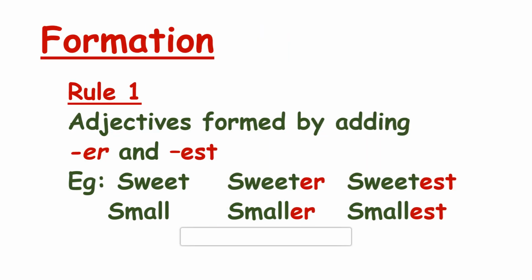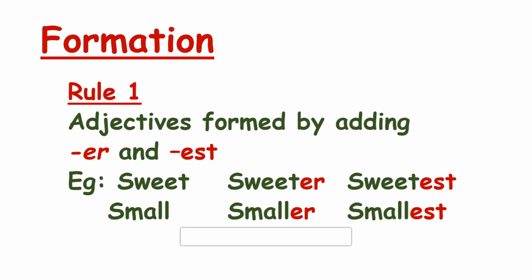Then we talk about how the comparative and superlative degrees are formed, meaning the formation of the comparative degree and superlative degree. Rule number 1 talks about the general rule: most adjectives of one syllable, and some of more than one, form the comparative by adding er and the superlative by adding est to the positive.